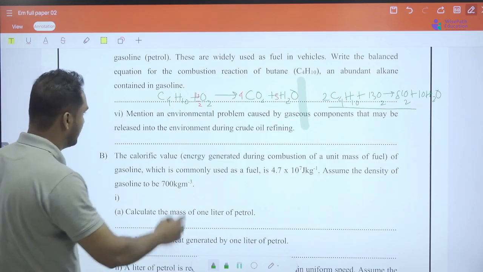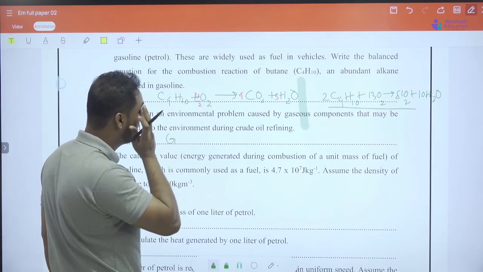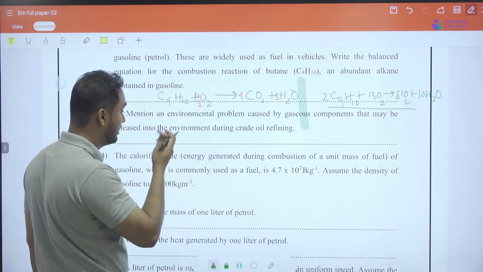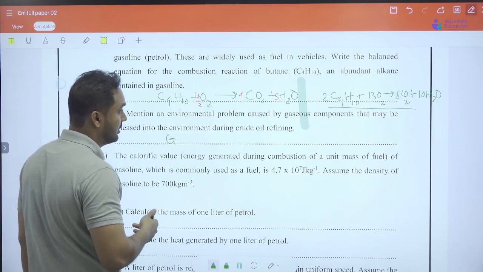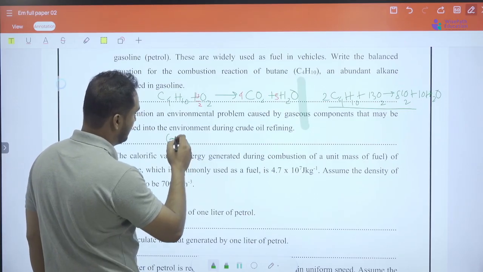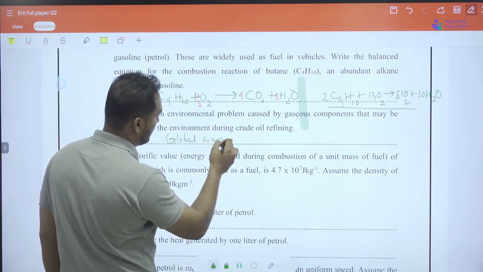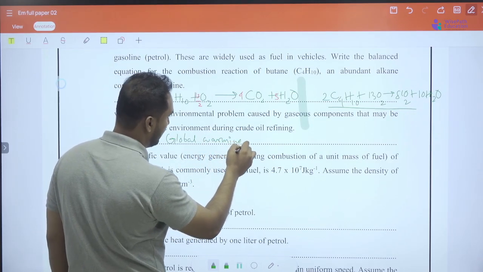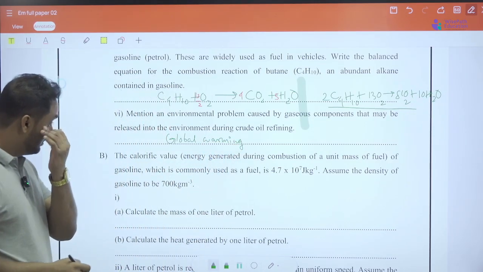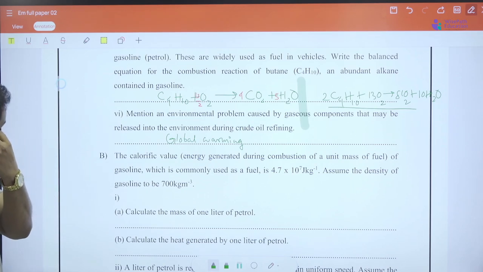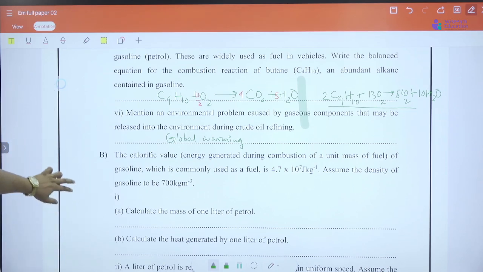So it's global warming. And if you consider the sulfur, you can write acid rain as well. But global warming is the main thing anyway, because carbon dioxide is produced more.